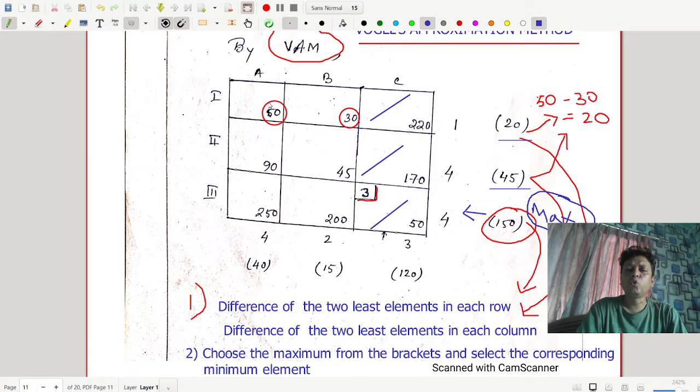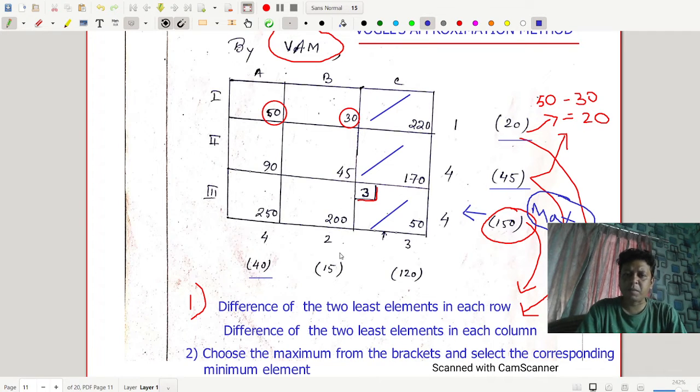Do the same process for the columns. That means you have to select the two least elements along the columns. In the first column, the two least elements are 50 and 90, so the difference will be 40. Write it in brackets, below, corresponding to the column.